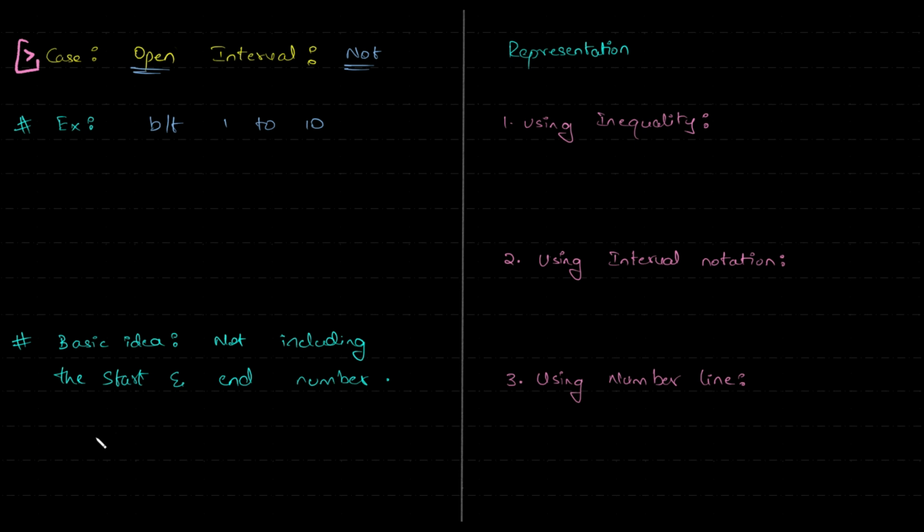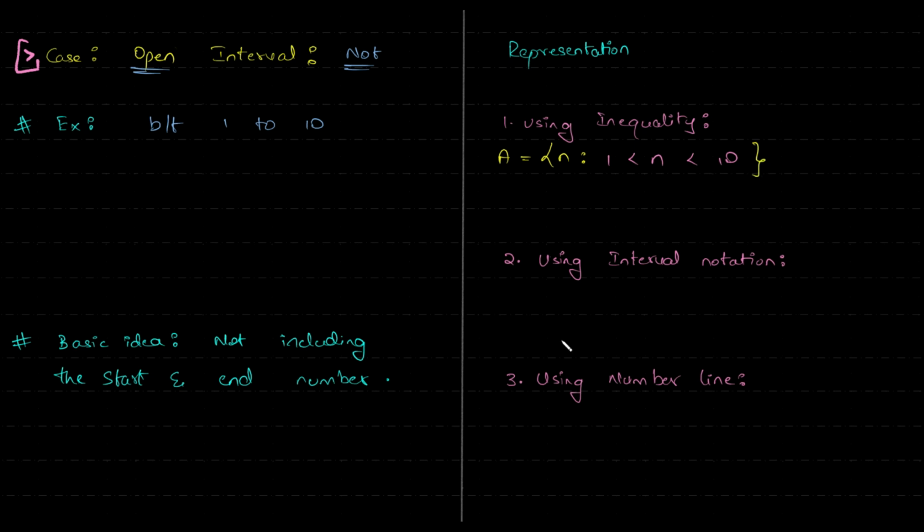Right? So how do you represent it mathematically using inequalities and all of that? So we have a number n between 1 and 10. Of course, if you want to represent this in set builder form, you will just do this. Say a set A is made up of elements n, such that n is between 1 and 10.